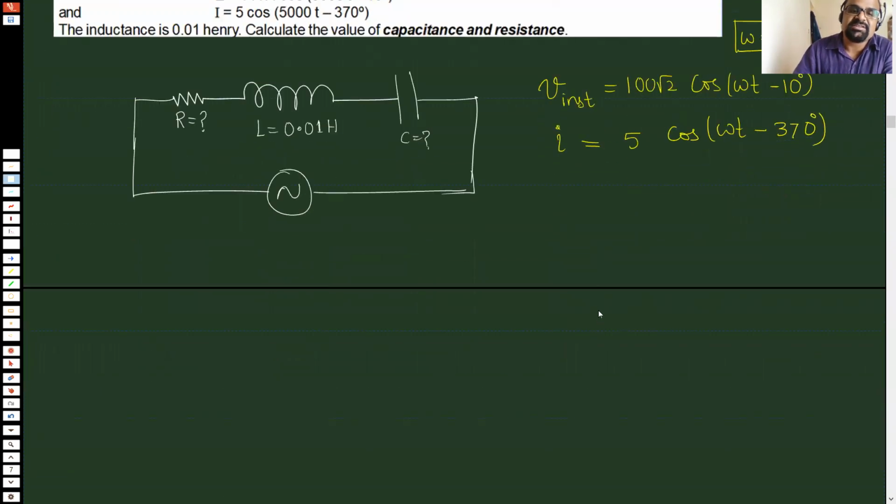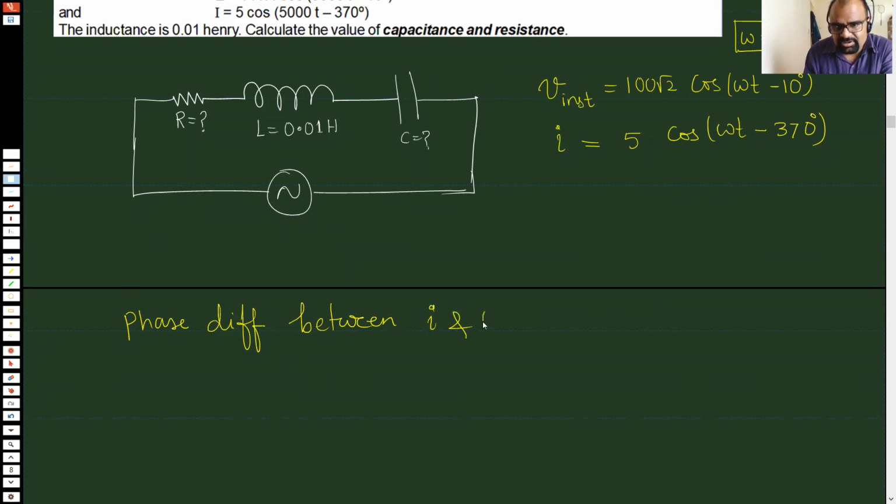What is the phase difference between current and voltage? It is 360 degrees. Can you see this minus this?